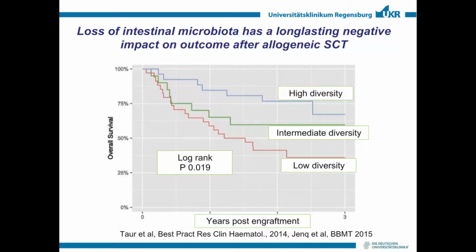And you can see a big difference in survival after 3 years, which is mainly due to non-relapse related mortality. This was later specifically shown for the genus Blautia by Robert Jenq. Again, abundance of Blautia was associated with high diversity and protected against GVHD-related mortality.